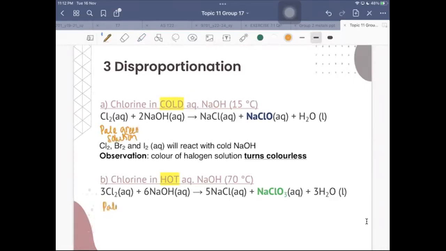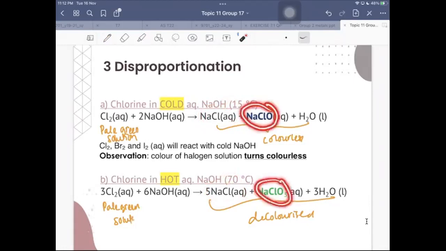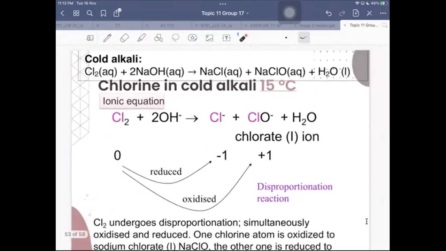Your observation would be that the pale green solution is decolorized. What's different between these two? Both of them will produce sodium chloride. The only difference is in the formation of the chlorate ion, the sodium chlorate. The only difference is in the oxidation number. The other product you produce would be water. And if you were to ask me, yes, you have to memorize this equation.